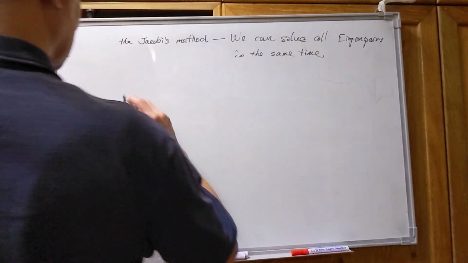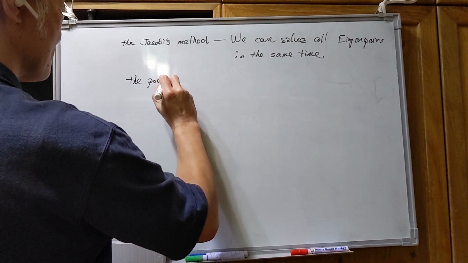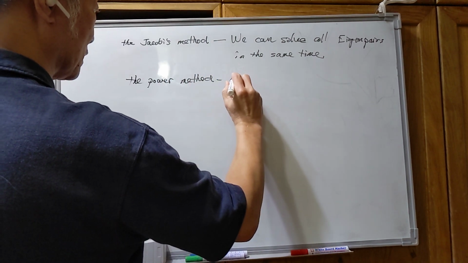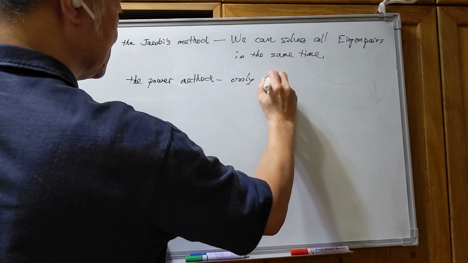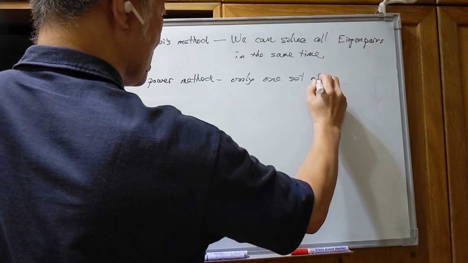But if you use the power method, you will find only one set of eigenvectors.